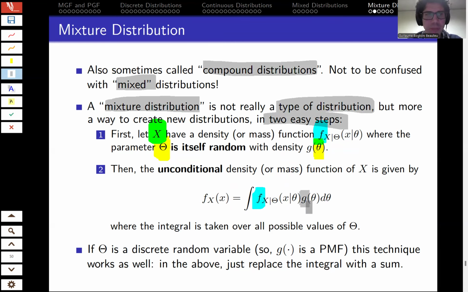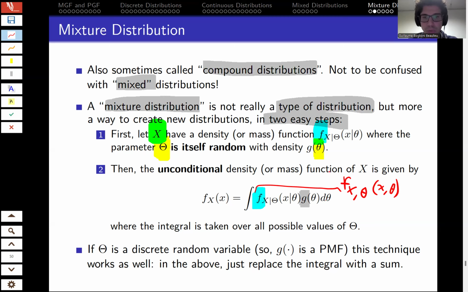But now note the following. This thing, the product of the conditional times the distribution of theta, is in fact the joint distribution of X and Theta. This is, I hope, a familiar result from probability. This would be the joint density of (X, Theta) evaluated at little x and little theta.